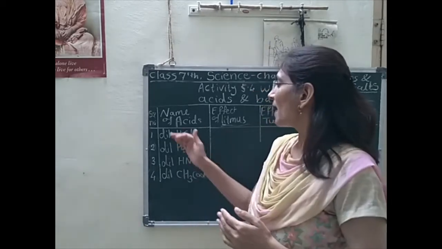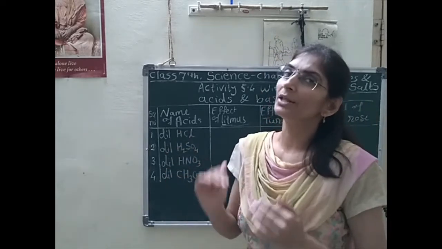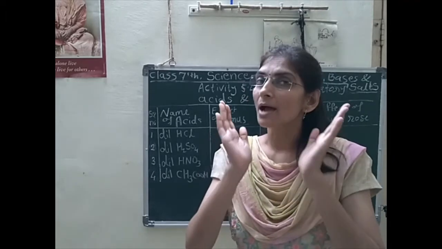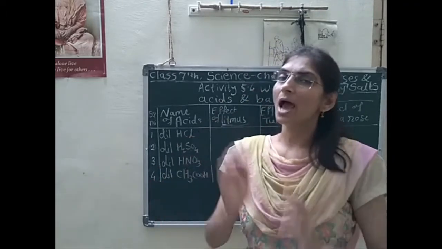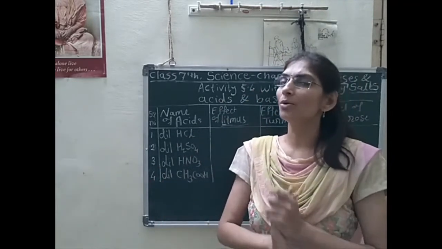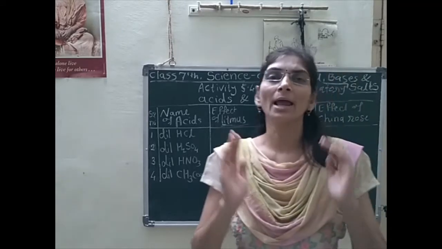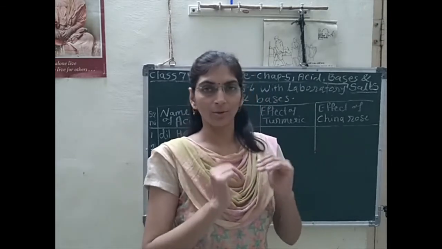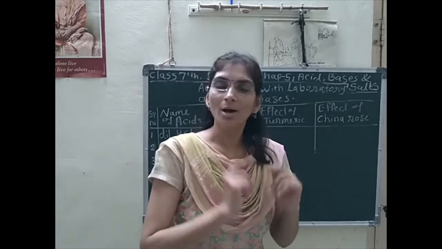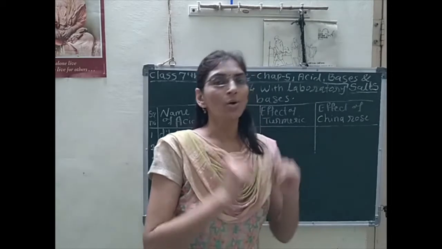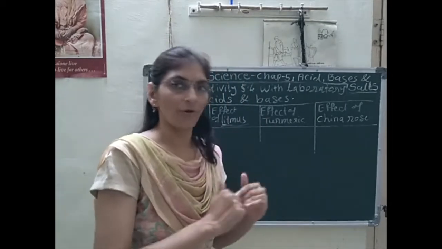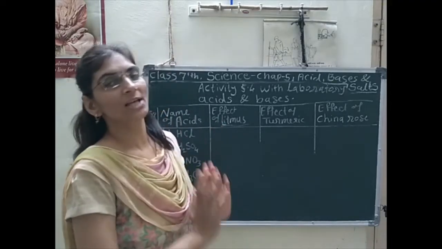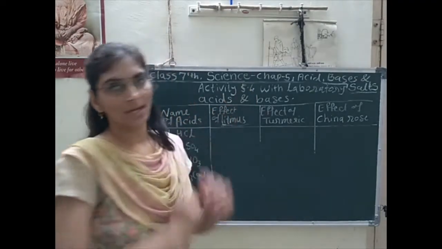If the acids are in diluted form, only then are they able to dissociate hydrogen plus ions. And when the bases are in diluted form, they are able to dissociate negative hydroxyl ions, OH negative ions, only in their aqueous form, meaning diluted form. So we have to use this concept specially for today's experiment.